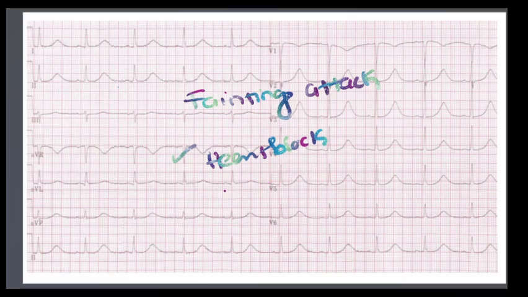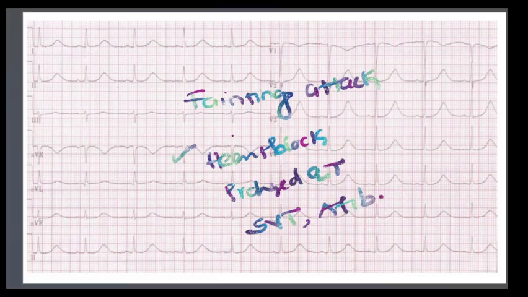And another thing is prolonged QT. Obviously, you need to check other aspects like whether it is SVT, what else it could be. Yes, AFib, but definitely you should look for heart block and prolonged QT. Heart block again I will discuss in a separate lecture.